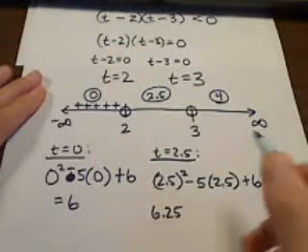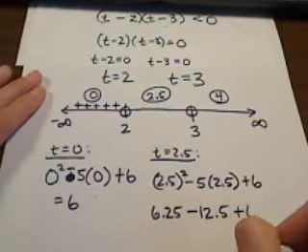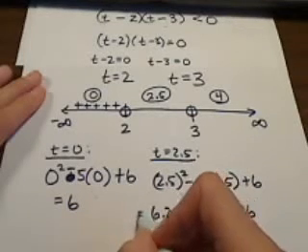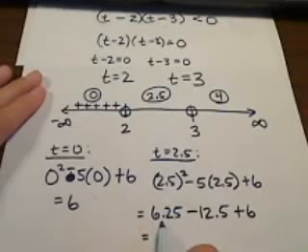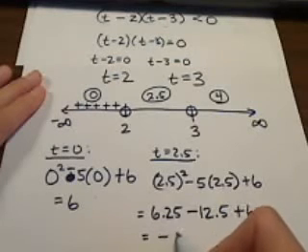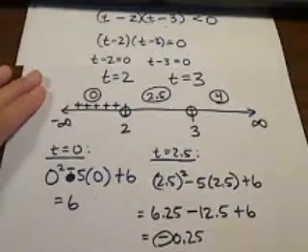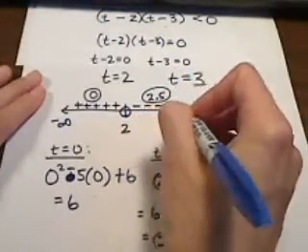And then this will end up being 12.5, and then this is plus 6. So this is going to end up being negative because 6.25 and 6 is 12.25, minus the 12.5 will end up being a negative. It's negative 0.25. I don't even care what the number is. I care about the sign. So we're actually negative in this region.